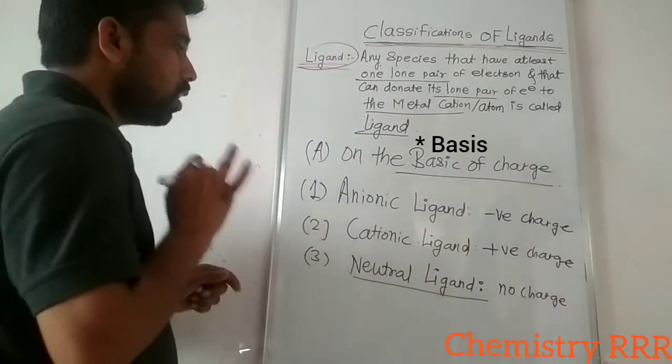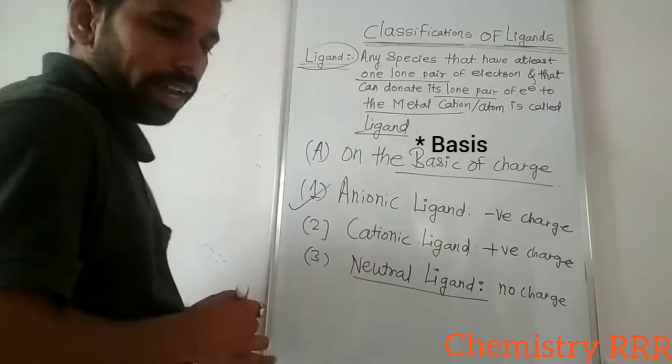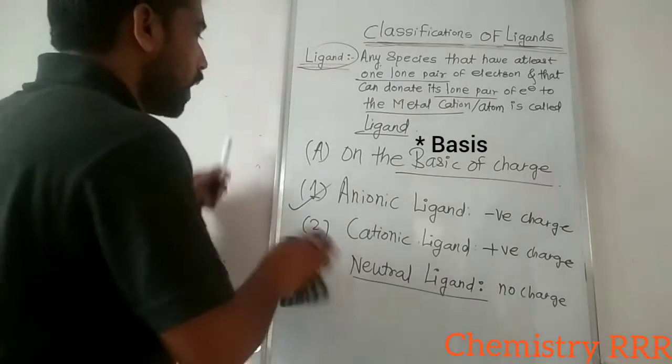Okay, now let's start with the first category, anionic ligands, having a negative charge.